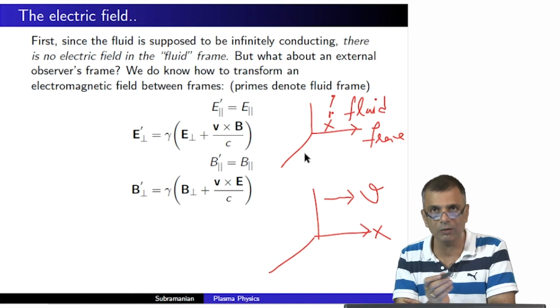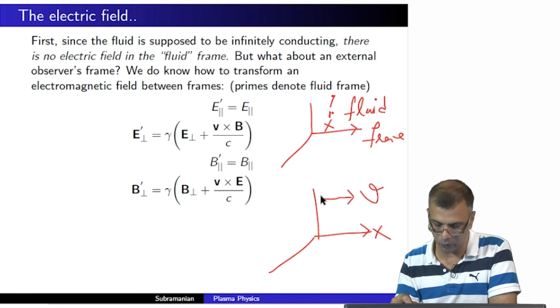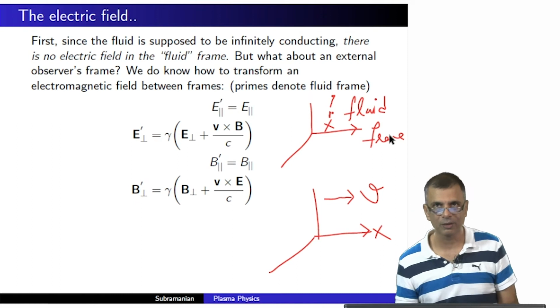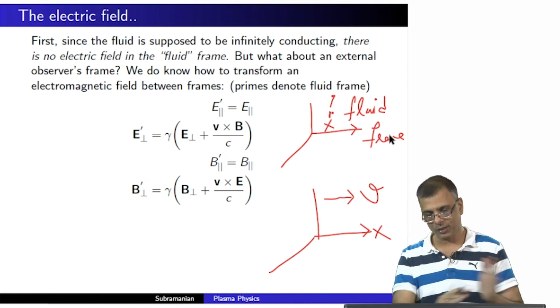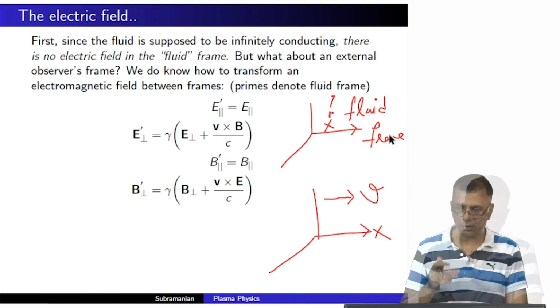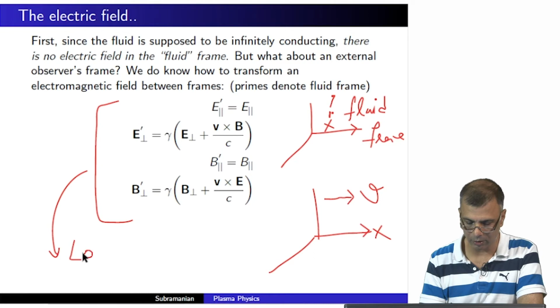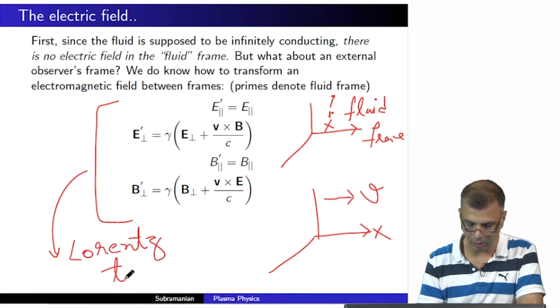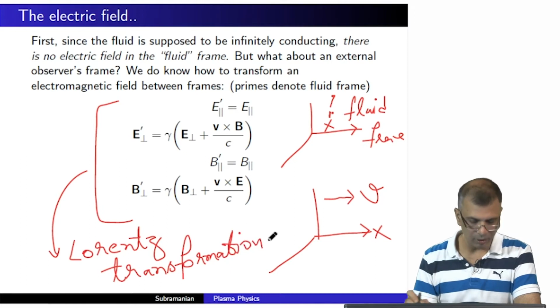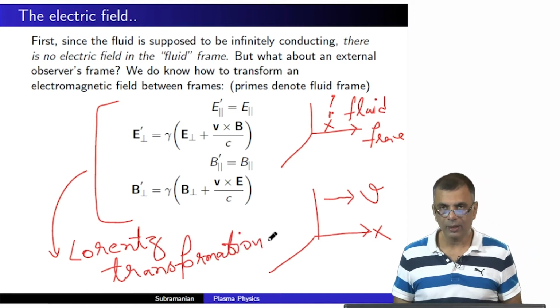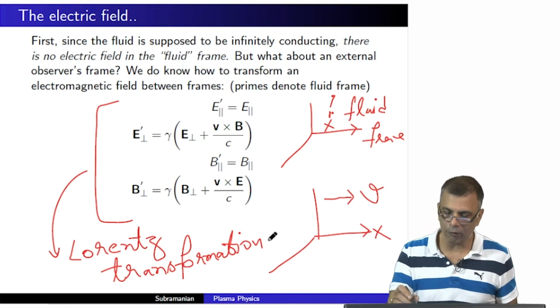This is no loss of generality, because even if you wanted to treat some other v, you would just split up the components, that is all. The basic results are exactly the same. So, now this is the Lorentz transformation of electromagnetic fields, which is relating the fields in the fluid frame.